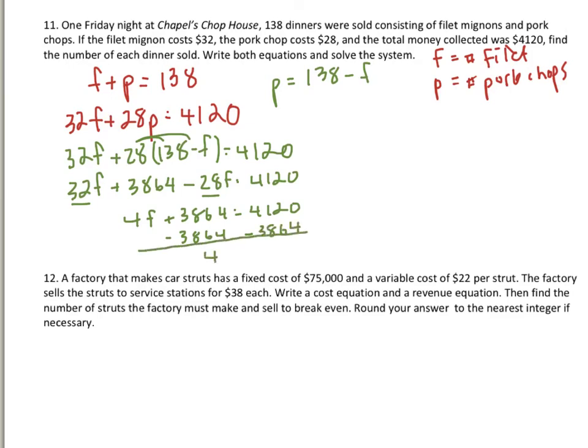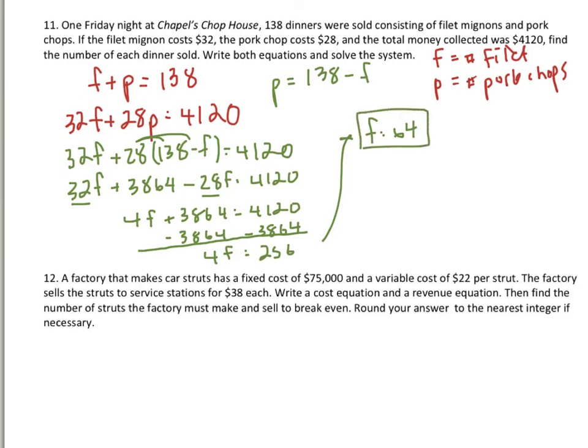So I get 4F equals 4120 minus 3864, giving me 256. 256 divided by 4 gives me 64. So F equals 64, and there were 64 filet mignon dinners.